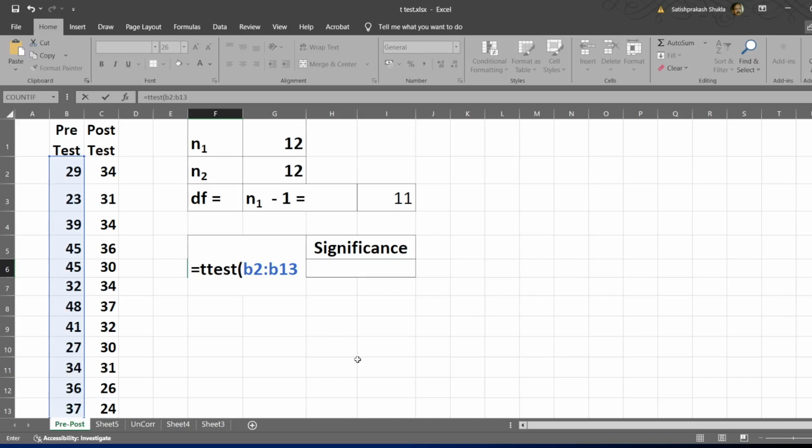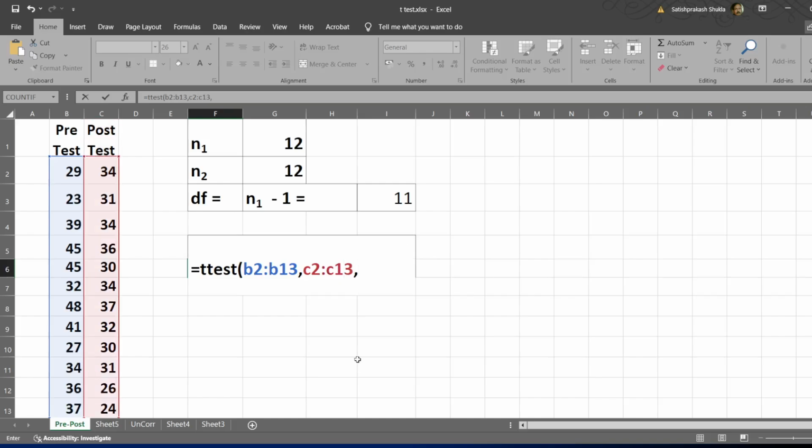Then we put comma. B2 to B13 is the range of the first data set, that is pre-test scores. After putting comma, we'll write the range of the second data set, that is post-test scores, and it is from C2 to C13.